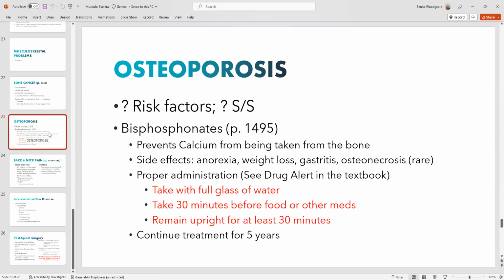Biphosphonates. So this is a medication, aka alendronate. It's spelled ALENDRONATE. Alendronate is a biphosphonate that can be taken and used to treat osteoporosis.